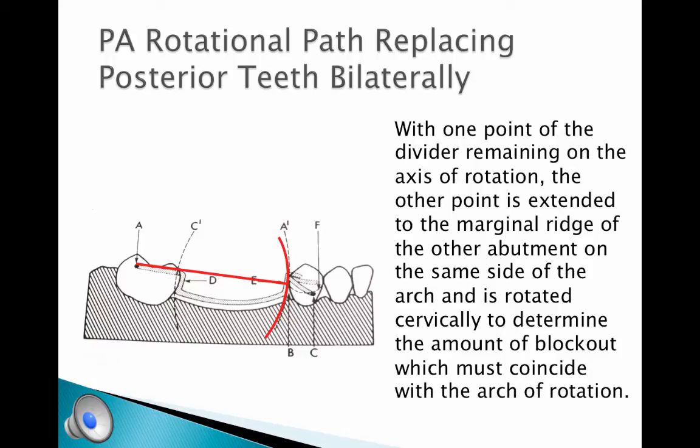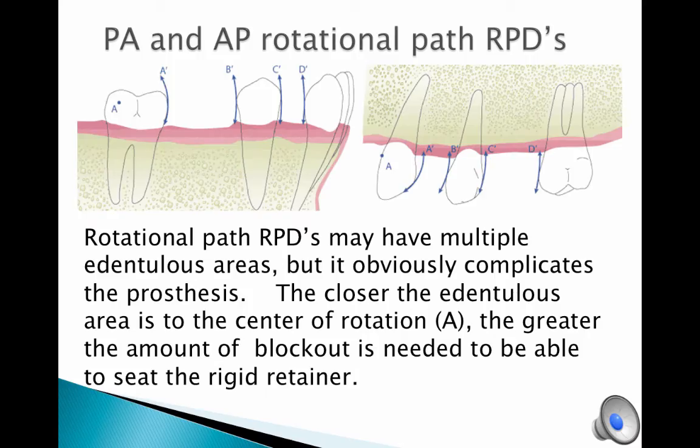The blockout is labeled by that arrow for B. The rotational path RPD may have multiple edentulous areas, but it obviously complicates the prosthesis. The closer the edentulous area is to the center of rotation of the point around which it rotates, point A, the greater the amount of blockout that is needed to be able to seat the rigid retainers.